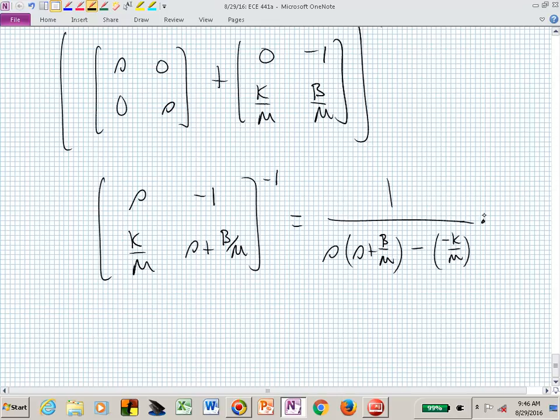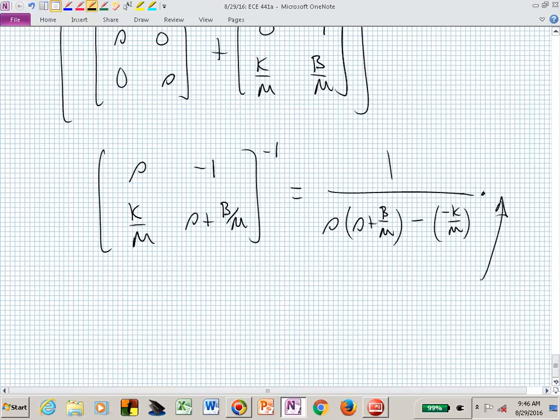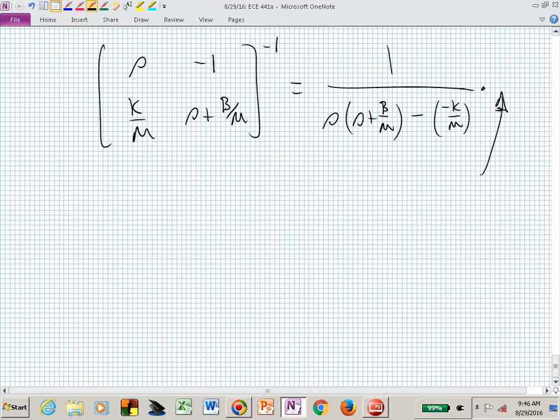Now what we want to do is multiply that times the adjoint matrix, which is the cofactor matrix transpose. So let's just find the cofactor matrix and transpose it. Now, what's the cofactor matrix? Well, we have to identify the cofactors. To identify the cofactor associated with the 1, 1 entry, I come up here and I say, okay, let me eliminate the first row and let me eliminate the first column.